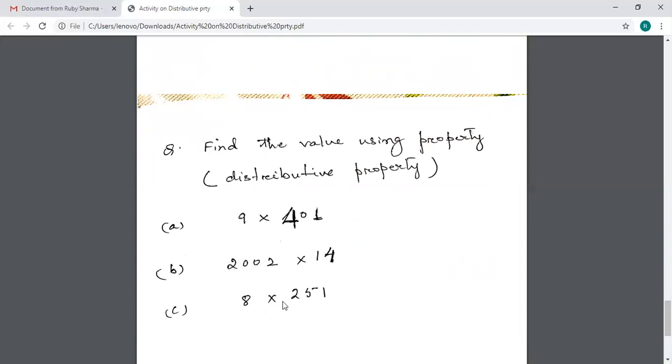Now for this, you can do it at once, 8 into 251. 8 you do not write in expanded form, it is 8. 251 you can write within brackets as 200 plus 50 plus 1 and distribute 8 to each of the members of the group. And then do the calculations. Go through the sums that have been given before also, today also. See the steps so that you don't miss out anything. Okay, till then, goodbye.